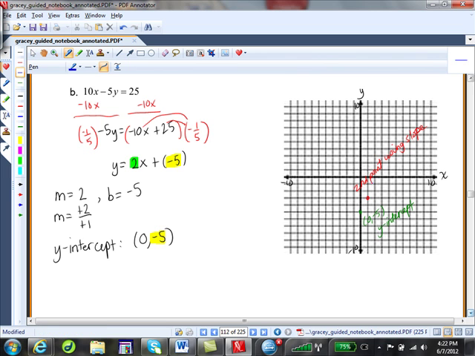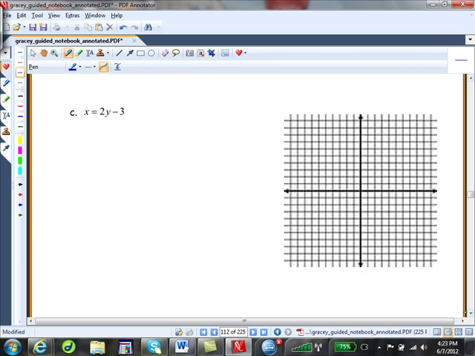And then it looks something like that. And as we move from left to right, are we going uphill or downhill? Uphill. So our slope is positive. I think you're getting it. You can do it. All right, so we have several more.